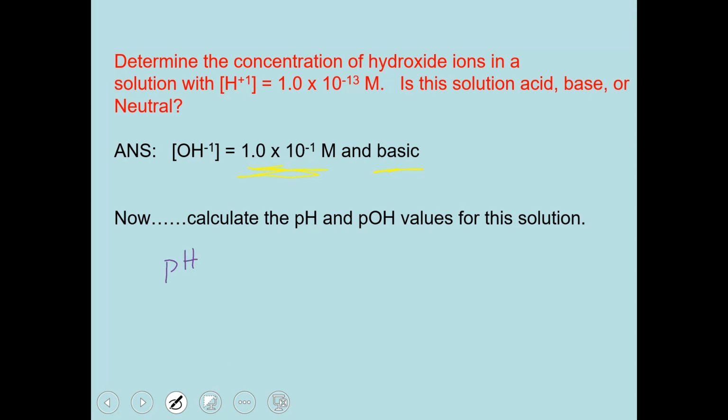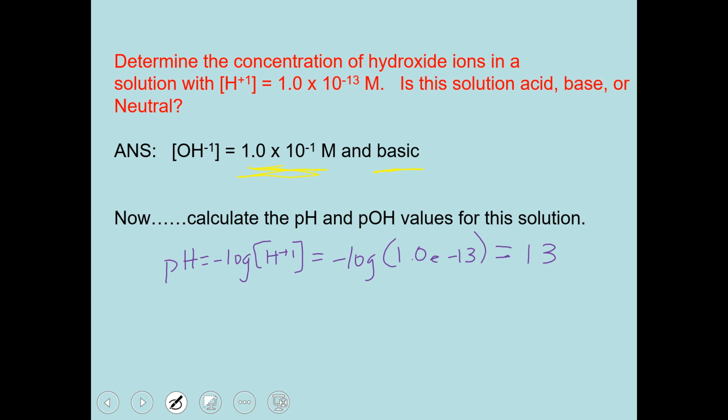The pH is going to be equal to the negative log of the hydrogen ion concentration. So negative log of 1.0 times 10 to the negative 13. And when you take the logarithm of this number, you're going to get negative 13. You change the sign, and you should get 13.